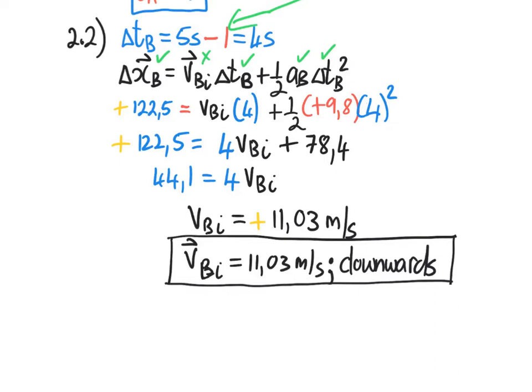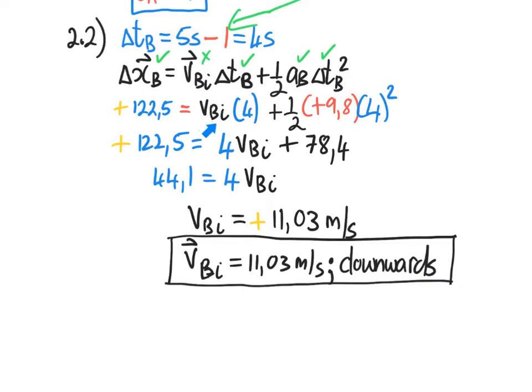So the time interval now of B, as was mentioned, is 1 second less than for A, because it was thrown 1 second later. Using the same position-time equation, once again substituting in the 122.5 for the change in position of B, it falls through the same distance from the same height as A.